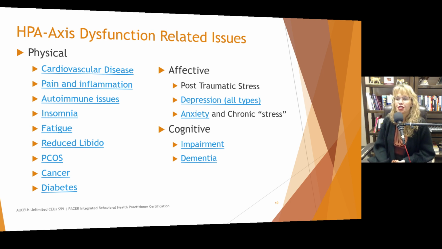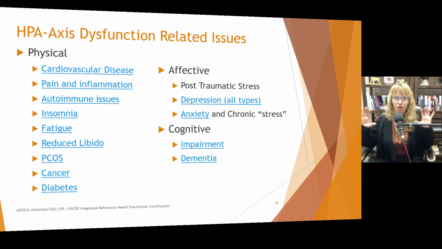It also contributes to anxiety and chronic stress. When we are in fight or flight mode most of the time, or living, quote, living on caffeine, which is a stimulant, that will also trigger the HPA axis.